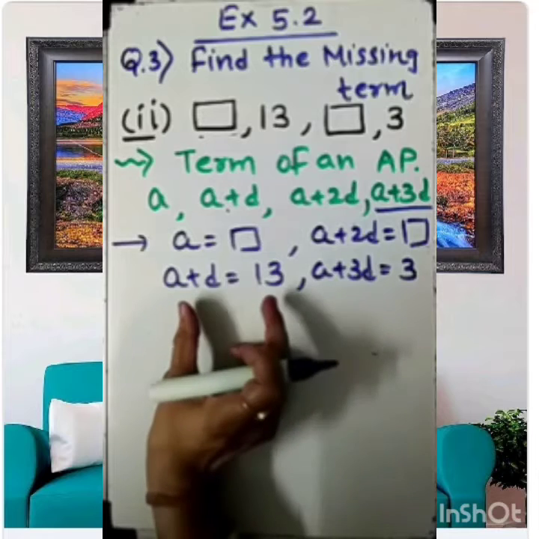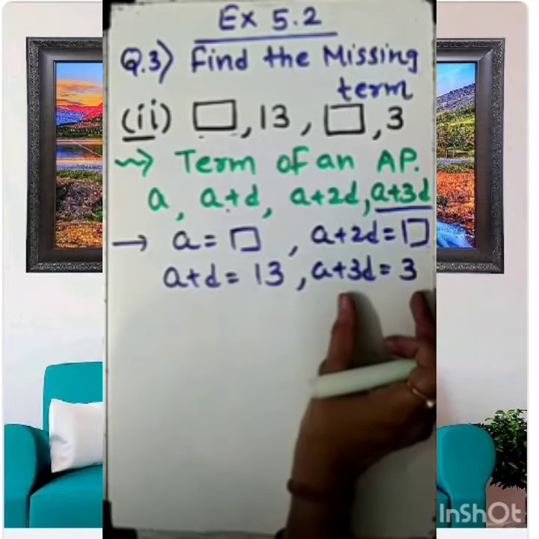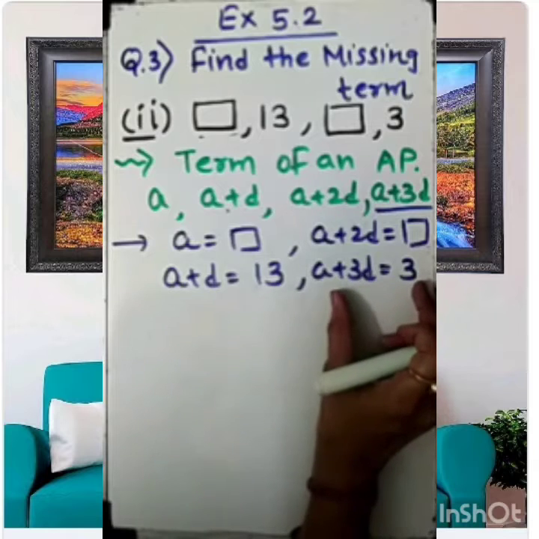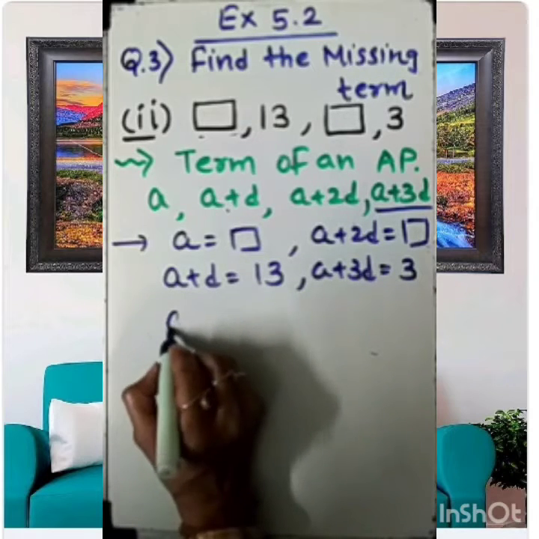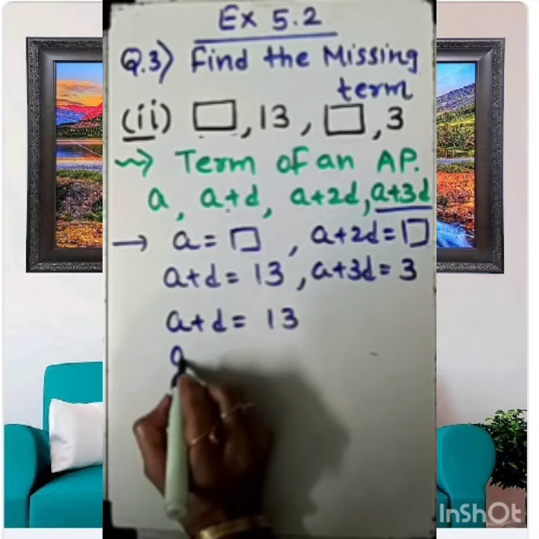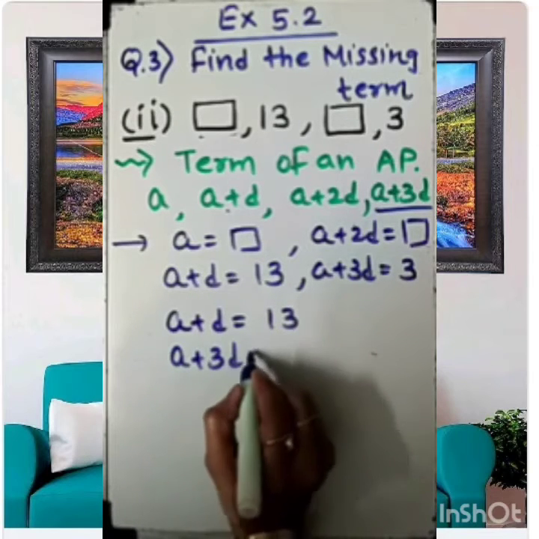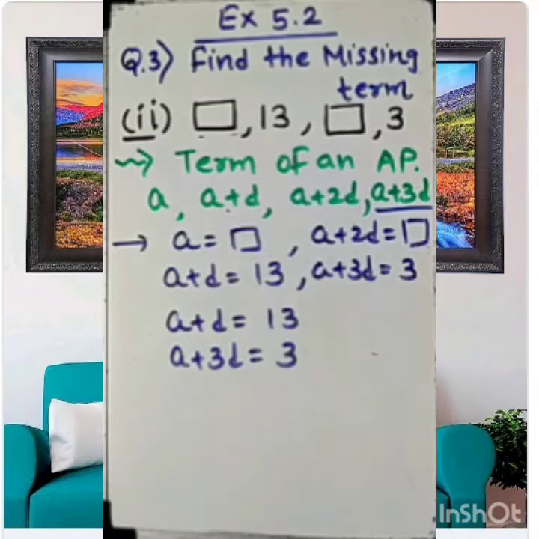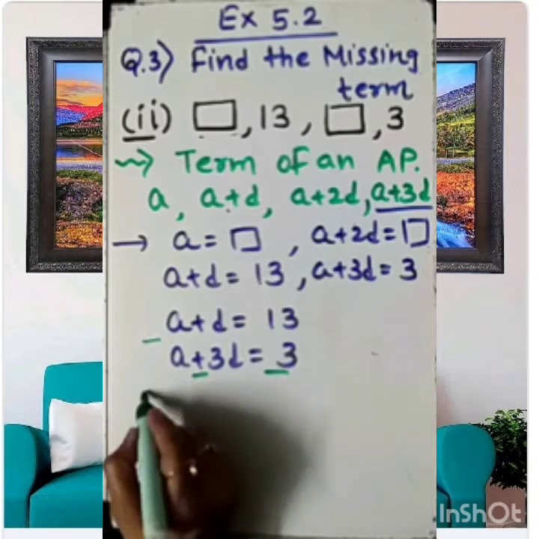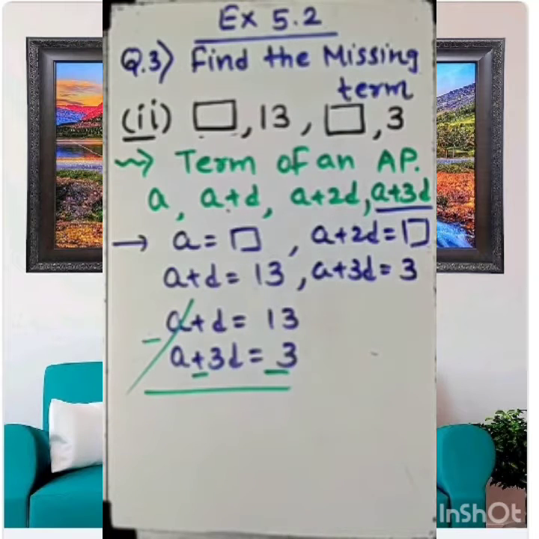Now, as we have these two equations, let's call this equation 1 and this equation 2. As we have studied in chapter 3, there are different methods of solving linear equations. I think here it's convenient to apply the elimination method.